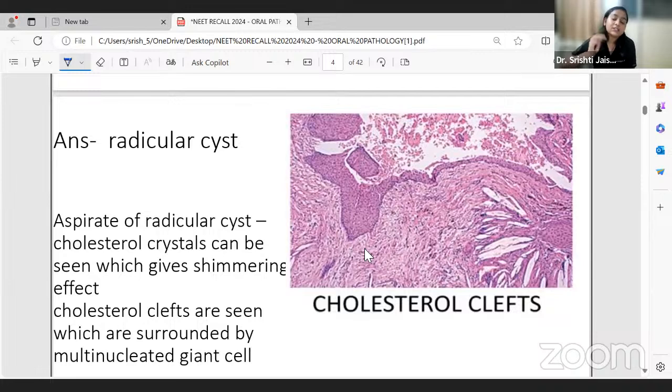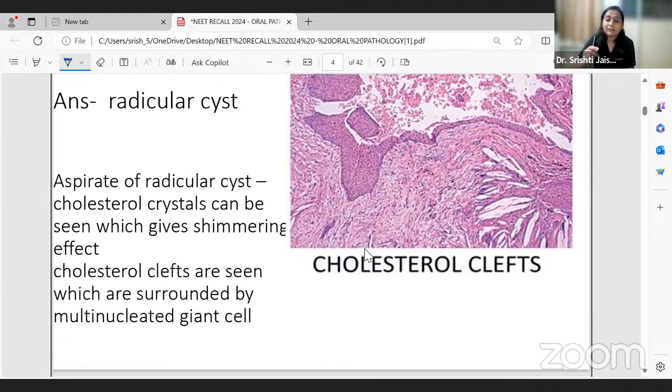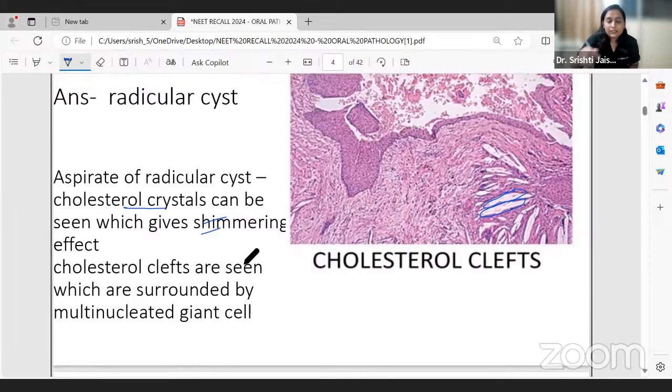Now see, this is the histopath of the cholesterol cleft. So when we aspirate, what do we get? Cholesterol crystals. Now these cholesterol crystals give a shimmering effect, and when we see it on the slide, we see cholesterol clefts. These cholesterol clefts are surrounded by multinucleated giant cells. Now what is this? This is the arcading pattern.